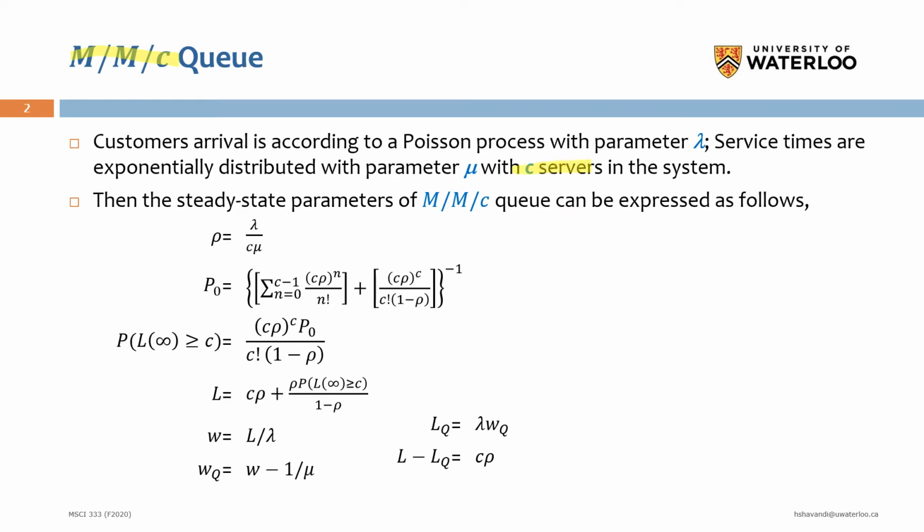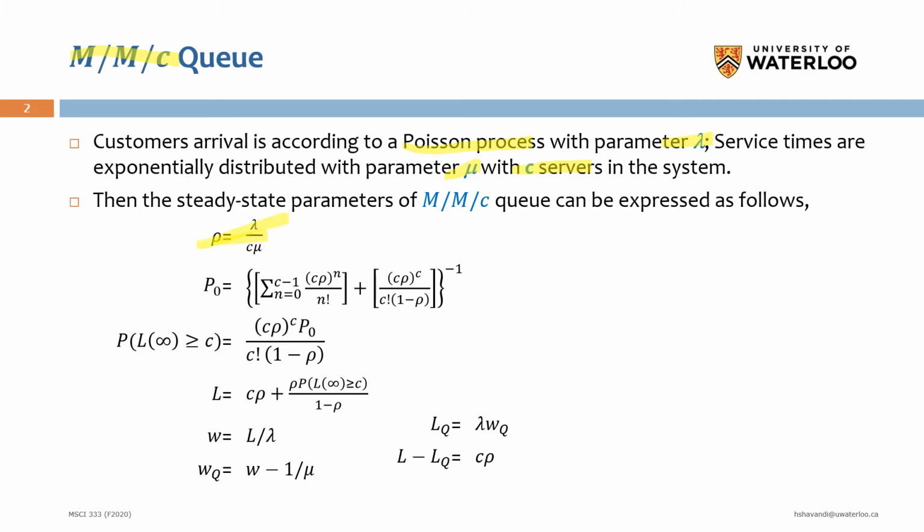The arrival process is based on a Poisson process with the parameter lambda. The service times are based on an exponential distribution with parameter mu, and we have multiple servers, or exactly C servers in the system. The steady-state performance measures can be calculated by these equations.